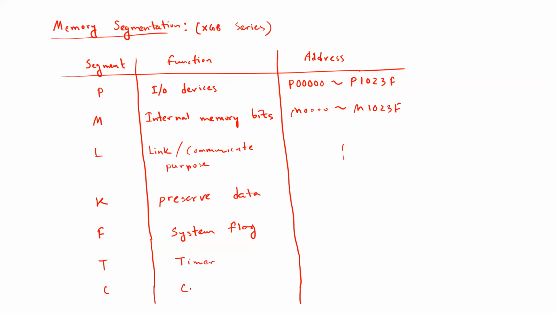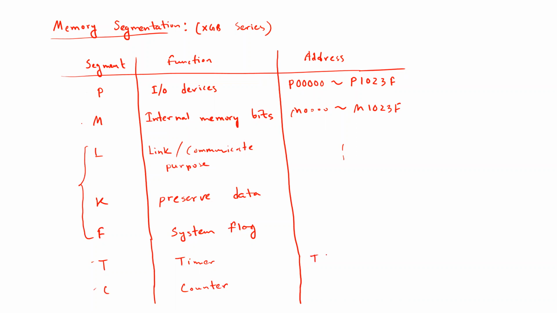And for setting up a counter, the memory segment designated for the counting operations can be used. Now these three portions are normally used by the CPU. Other segments are normally available to the user. So while constructing a ladder logic diagram, the user can use these portions of the memory.